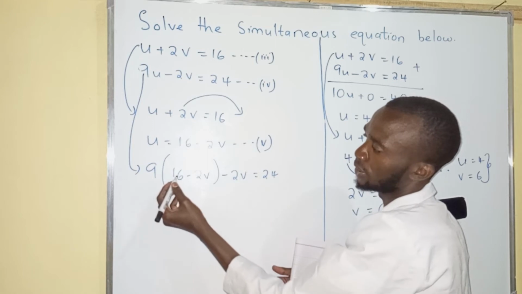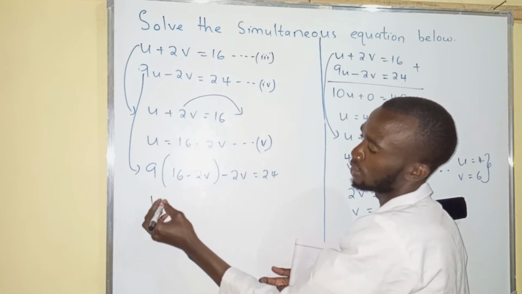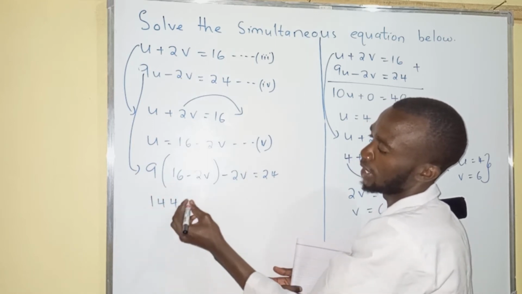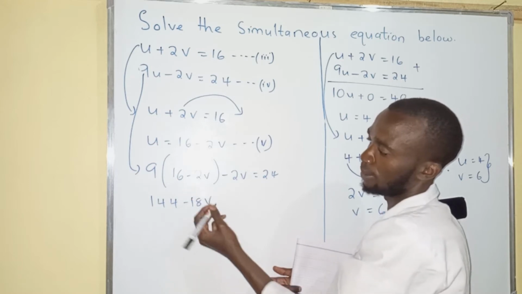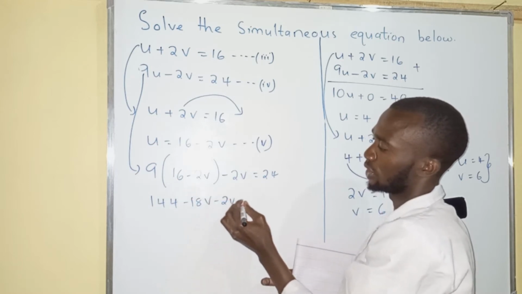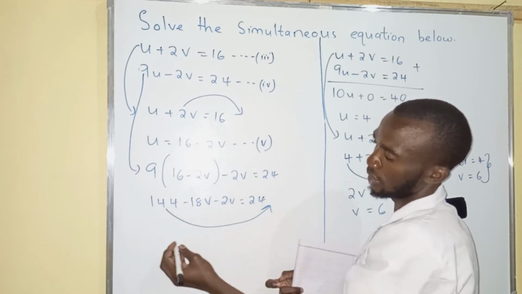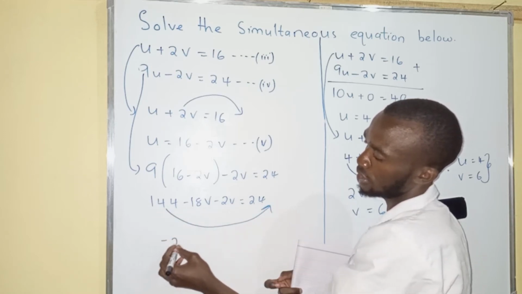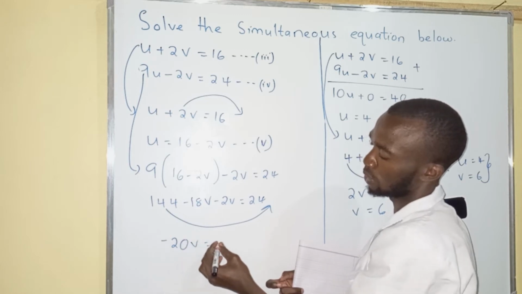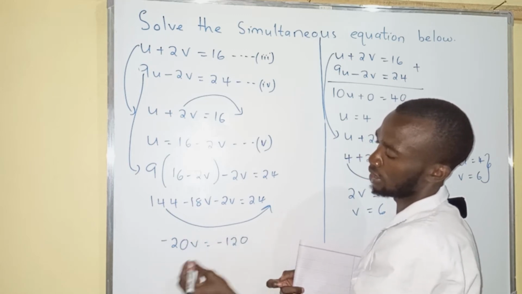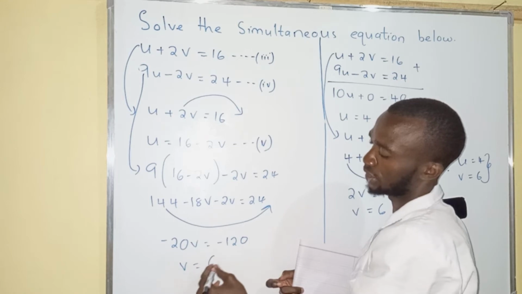So 9 times 16, that is 144, minus 18v, I have opened the bracket, minus 2v is equal to 24. So I have negative 20v is equal to negative 120. So the value of v is equal to 6.